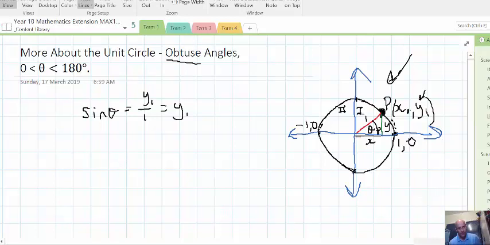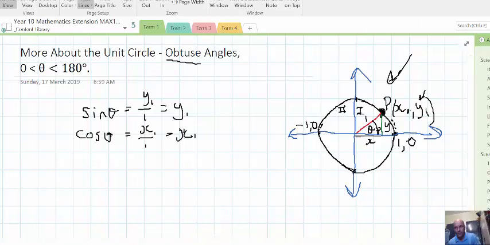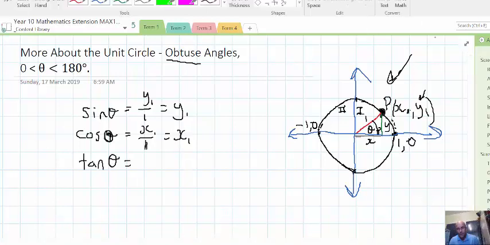Okay, so that's because there's going to be a second point up there soon, and we can likewise repeat that for cosine or cos, which is adjacent over hypotenuse, which is x over 1, so it's basically the x value, and tan is opposite over adjacent, and we can do the same thing for tan there. So the opposite would be y, and the adjacent would be x.